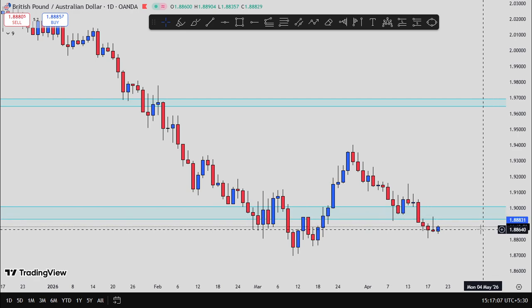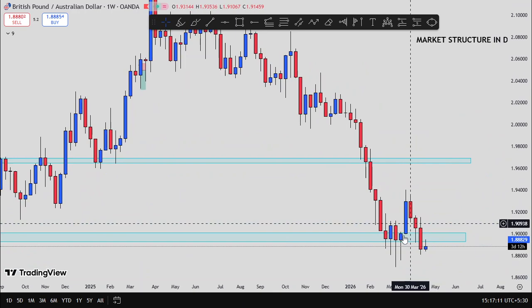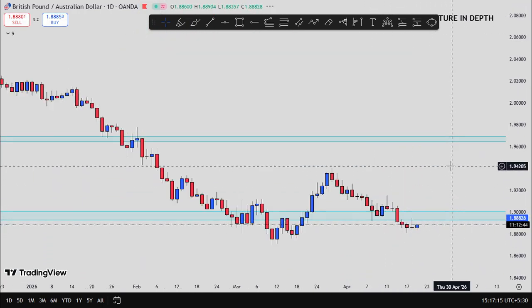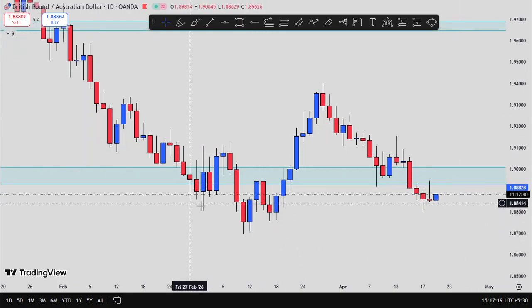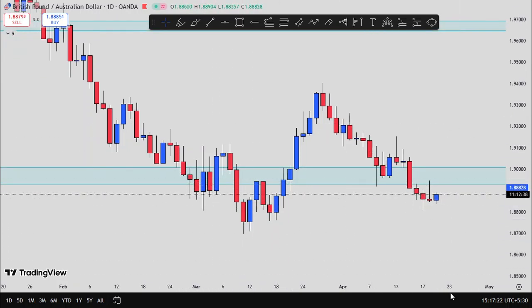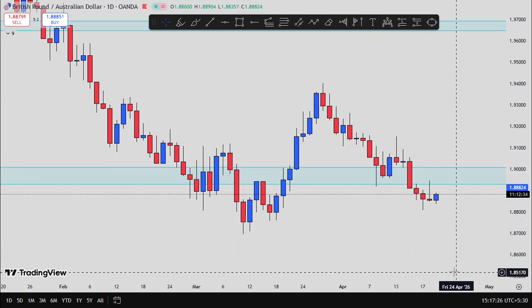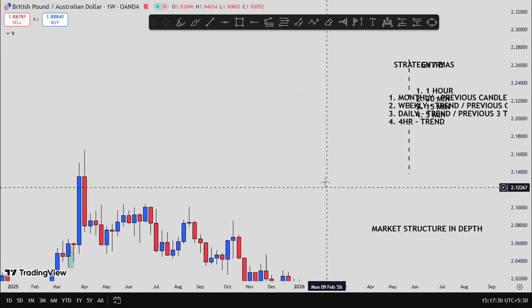Why? Because we are at a key level, and the previous weekly candles are telling me that we are rejecting this place constantly. The daily is saying the same, we are forming engulfings. So it is a sign to wait to go in the correct direction. That is what I mean.